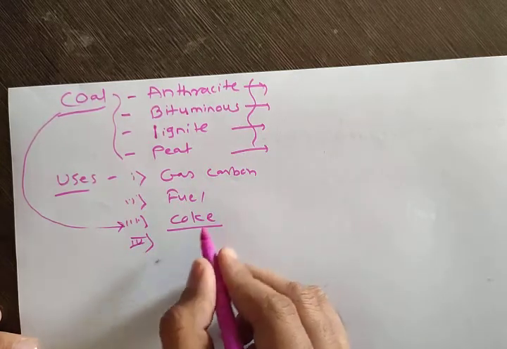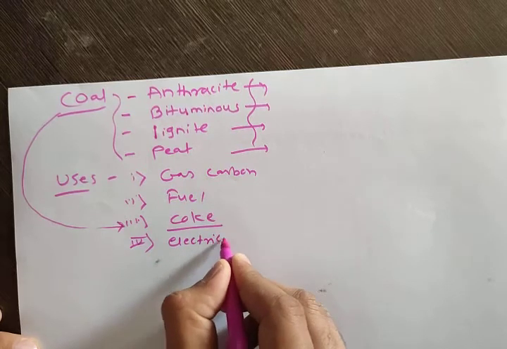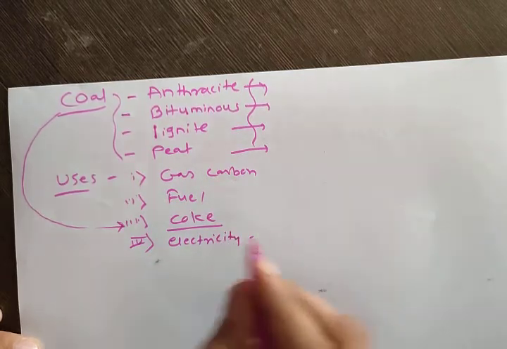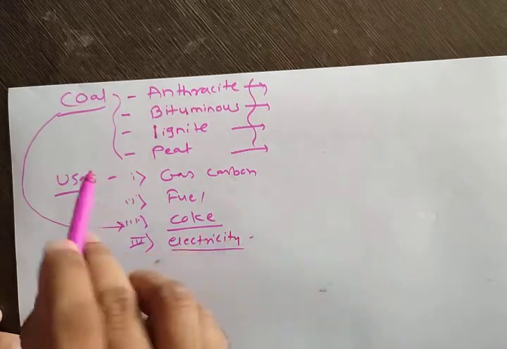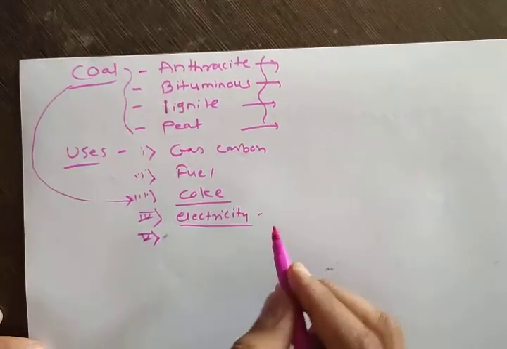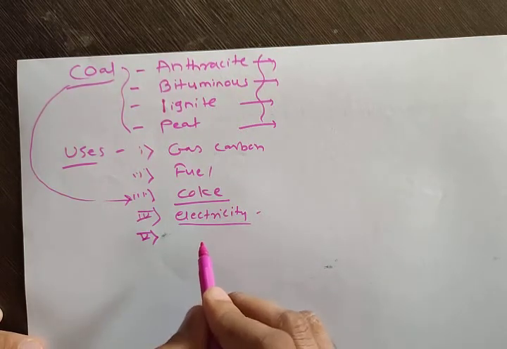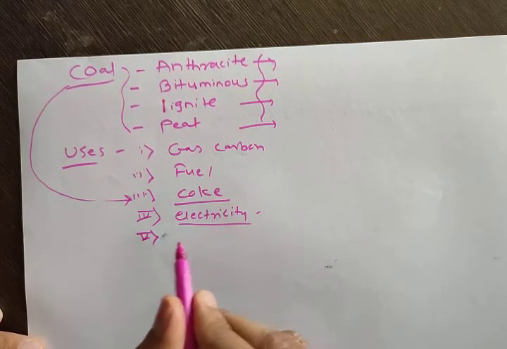Then it is also used for the generation of electricity. Whatever electricity comes to our home is produced by burning coal. You know how electricity is produced. If you don't know, you must search for how electricity is produced, and you must know that.